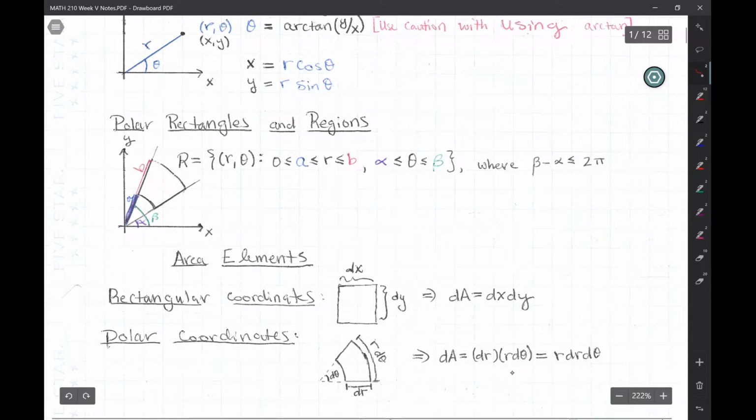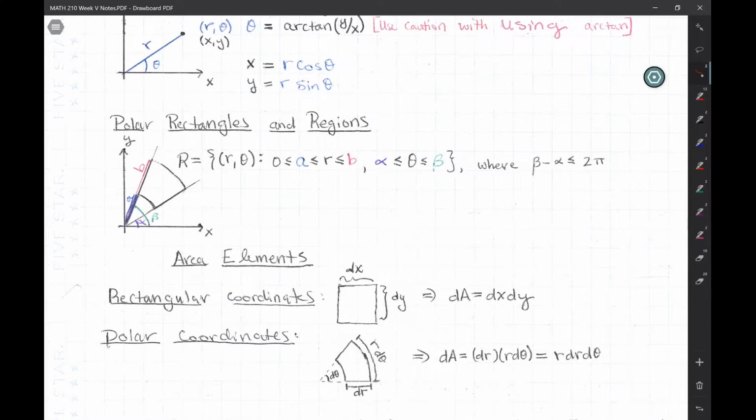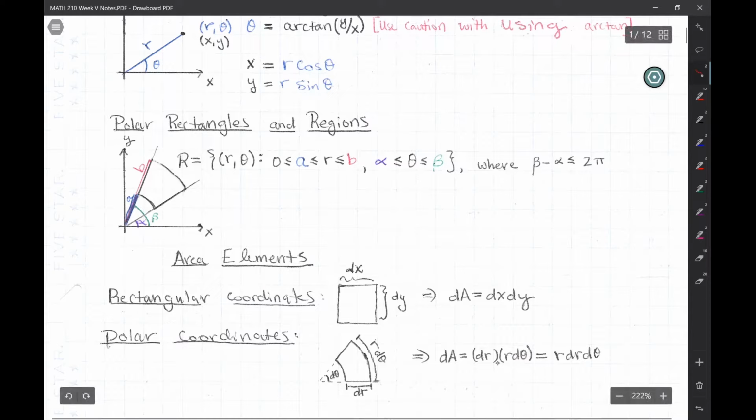And here, for some intuition, recall that d theta doesn't have units when you use it for physical applications. So if dr does have units, that's meters right there. R has units, it would also be meters. D theta, no units. So we do end up getting a meter squared when we use this.